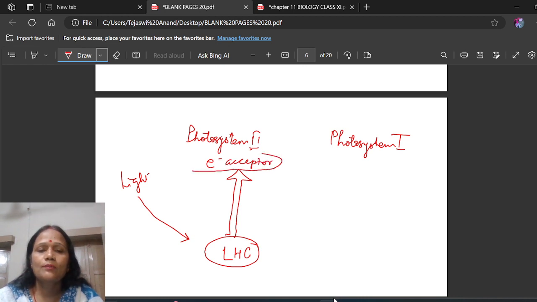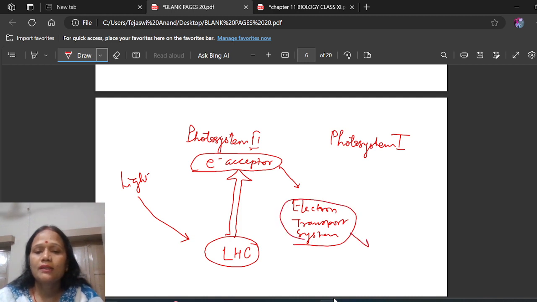This electron acceptor accepts the electron and goes through the ETS, electron transport system में चला जाता है. ये कहाँ चला गया? इलेक्ट्रॉन ट्रांसपोर्ट सिस्टम के थ्रू यह जो है यहाँ एक LHC में चला है.